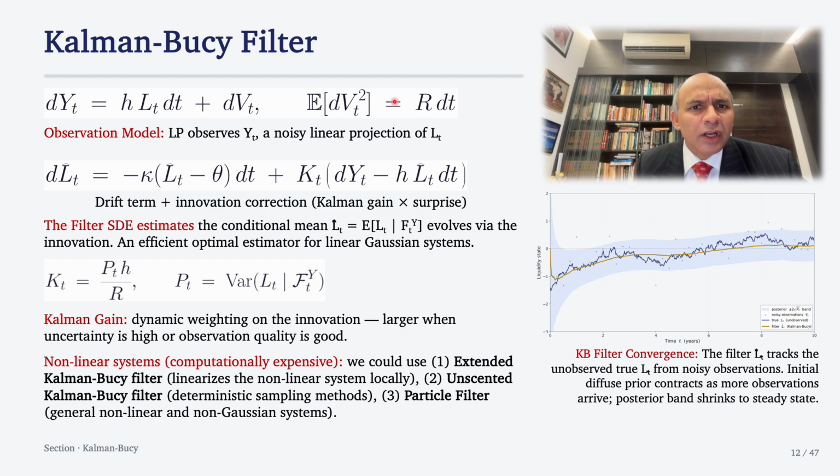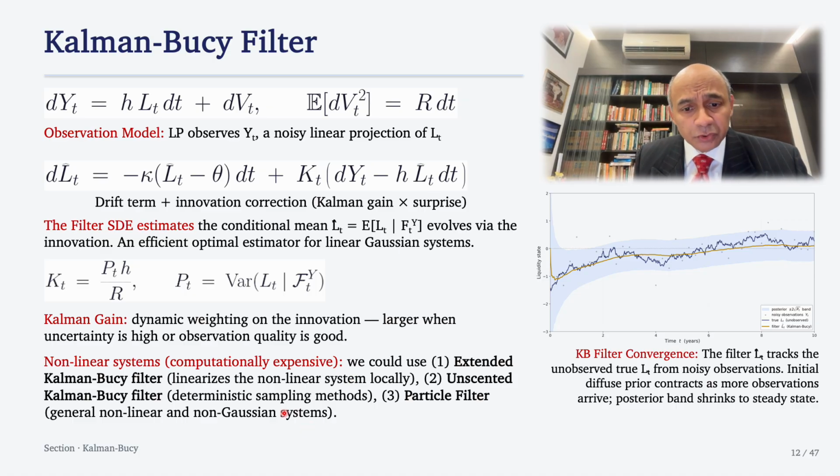Now, if you have non-linearity and a non-Gaussian set of observations in the model, then the sufficient statistic is infinite dimensional. And we land in the Kushner-Stratonovich equation, or the Zakai unnormalized form. If the systems are nonlinear, well, we could use the extended Kalman-Bucy filter, which linearizes the nonlinear system locally.